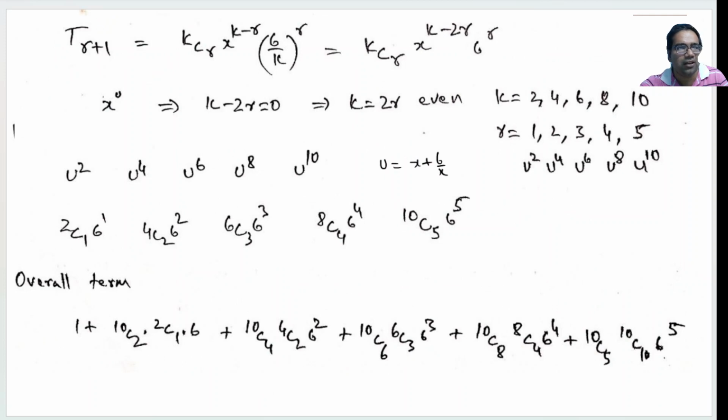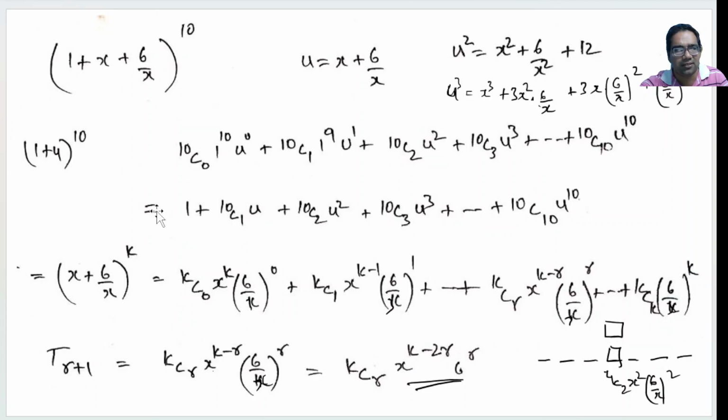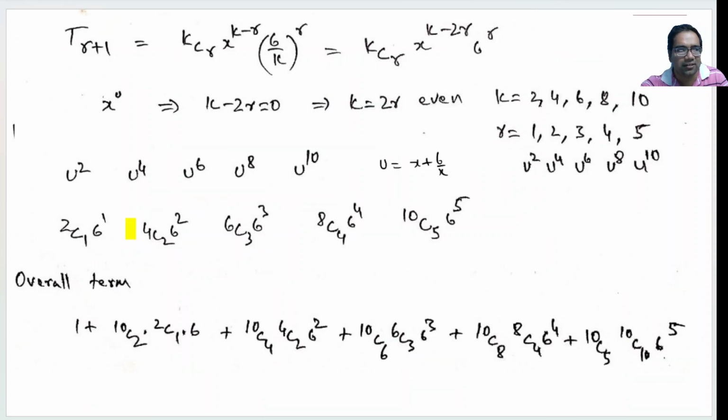So what is the overall independent term of x? There is this one already, by default, because we want the overall term from this expansion. This one and this 10C2 into whatever independent term there is in u square. The independent term in u square is this, so 10C2 into 2C1 6 power 1.